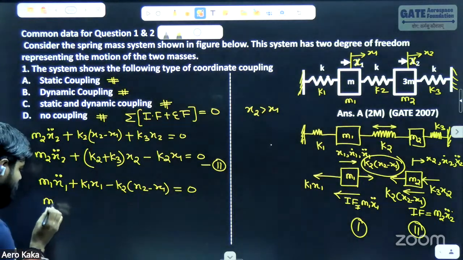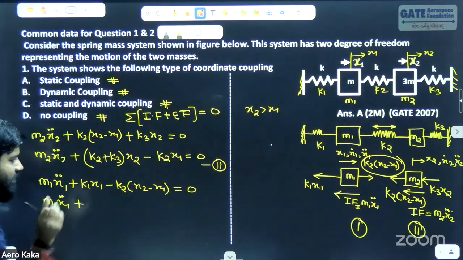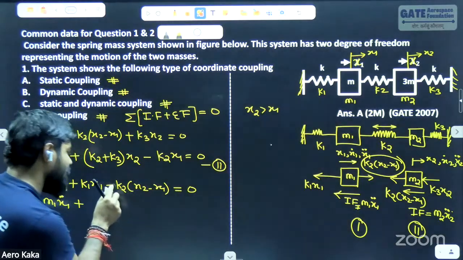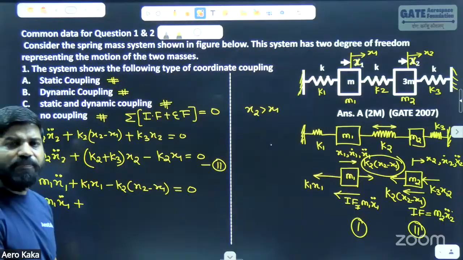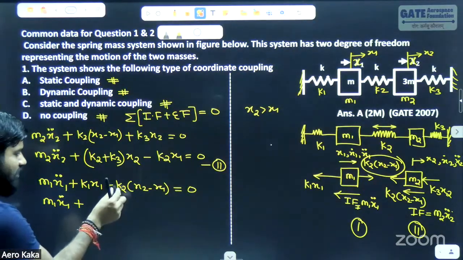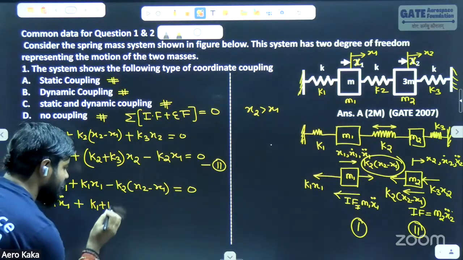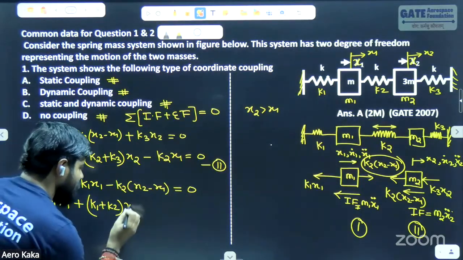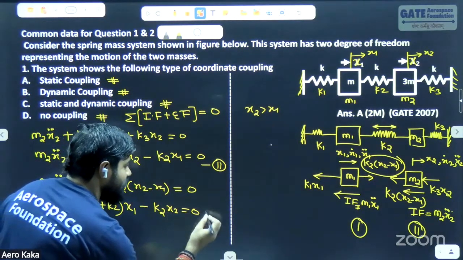So it is going to be m1 x1 double dot plus k1 x1, and here if you multiply minus k2 with minus x1, how much will you get? Yes, it is going to be k1 plus k2 times x1, minus k2 x2 is equal to 0.